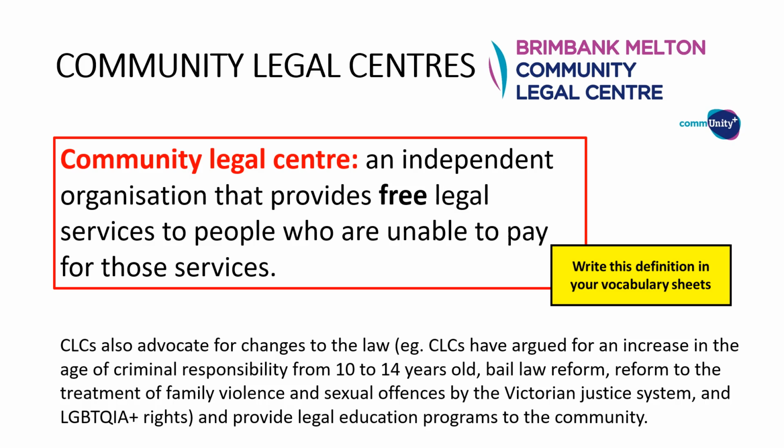For example, community legal centres have argued strongly for an increase in the age of criminal responsibility, that is, the minimum age at which a child can be prosecuted for a criminal offence, from 10 to 14 years old.